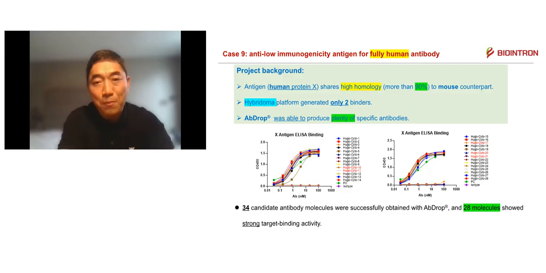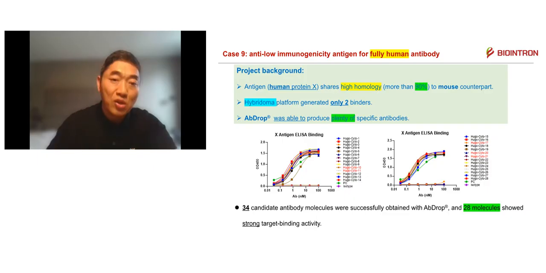This target was tried by someone else elsewhere with hybridoma, but in that case, only 2 binders were obtained. Our customer asked for more, because they want to develop therapeutic antibodies, which means they need plenty of hits to compare, to study, and to choose from.